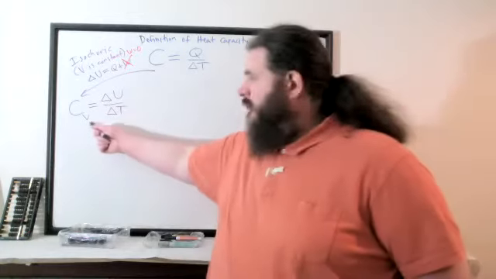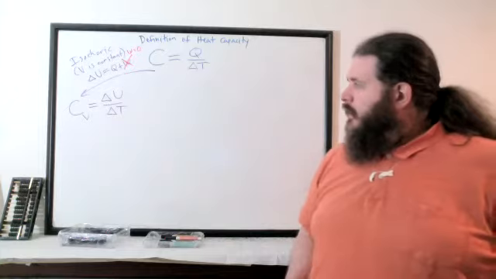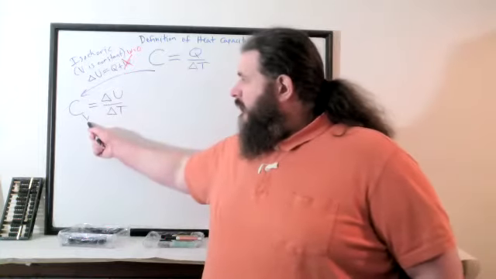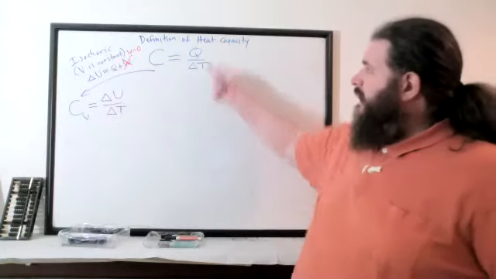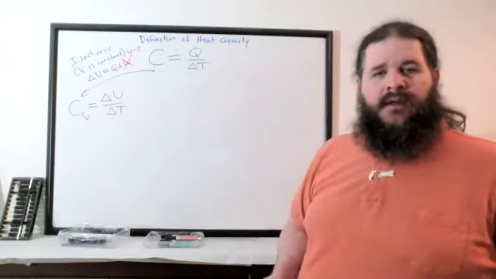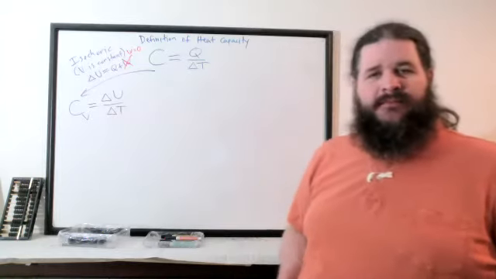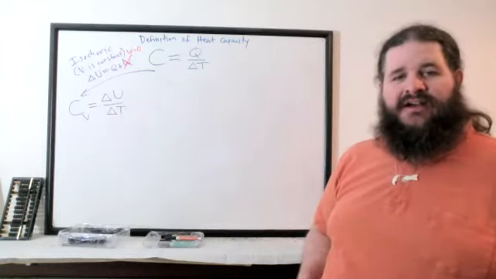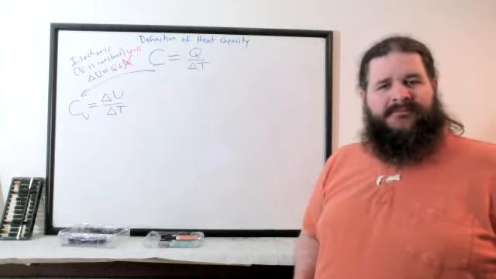So that's what the subscript means. The subscript means the variable we're assuming is staying the same. So when you have a gas at constant volume and you measure the heat capacity, we're still defining it as heat over change in temperature. But if there's no work, that's the same as change in energy over change in temperature, because the heat is the change in energy. And what type of energy are we really talking about again?